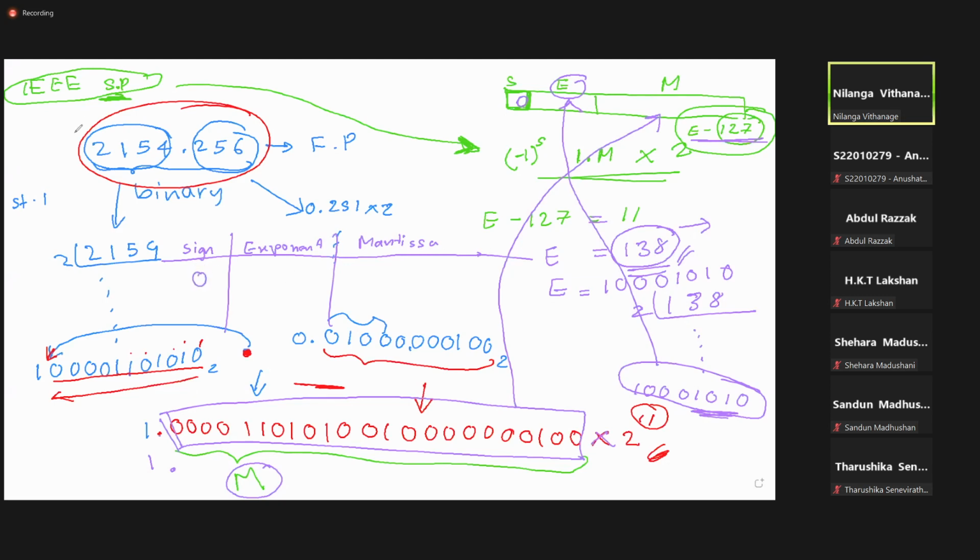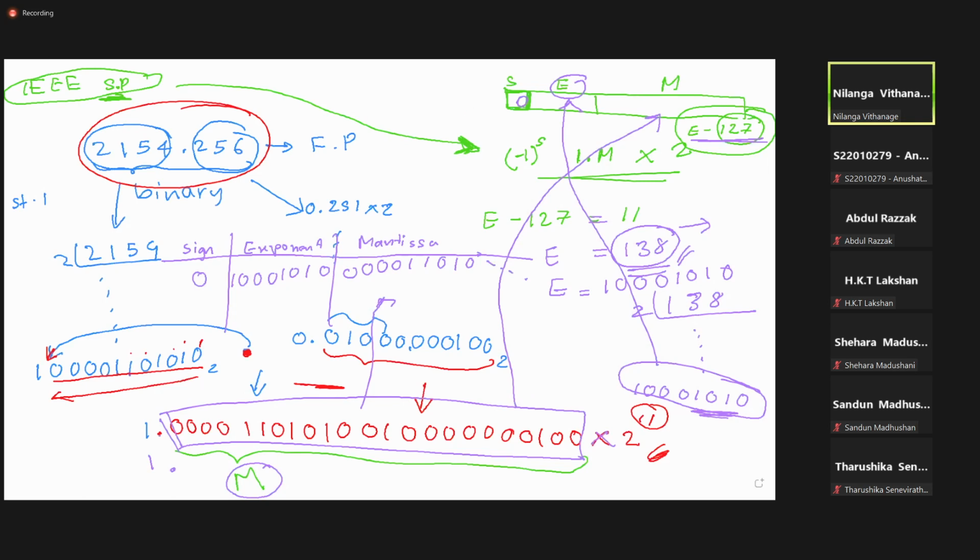The sign bit is 0 because it is a 0 value now. But here you don't need to calculate the sign bit because there is a dedicated place for the sign bit, right? So before you are adding numbers, if it is a minus value, you have to make this bit 1. For the exponent, you write 1 0 0 0 1 0 1 0, and for the mantissa you write all these numbers: 0 0 0 0 1 0 1 0, this number, right?